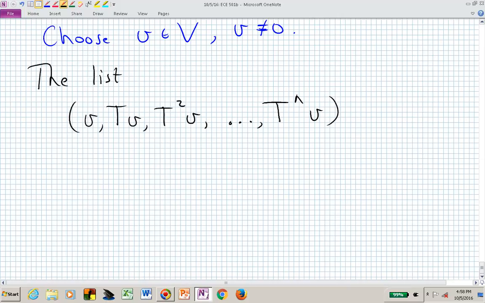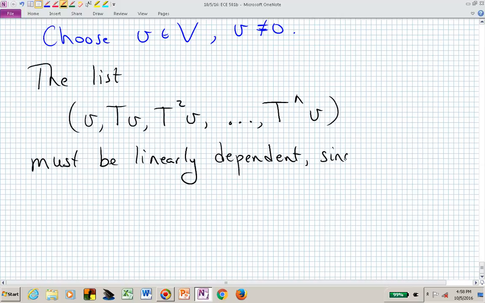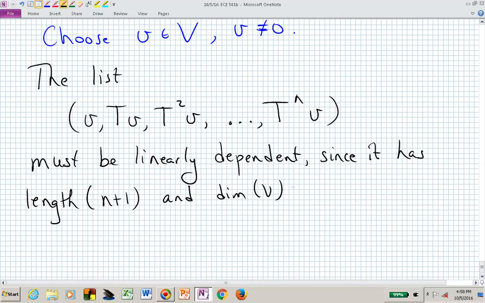So this list must be linearly dependent since it has length, or number of vectors, n plus 1, and the dimension of our underlying vector space V was little n.